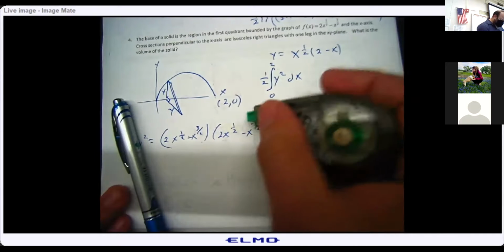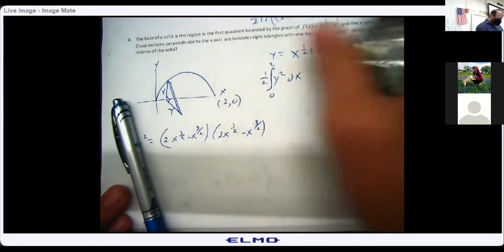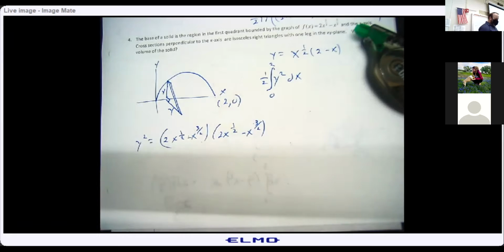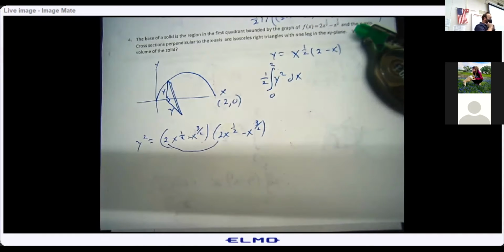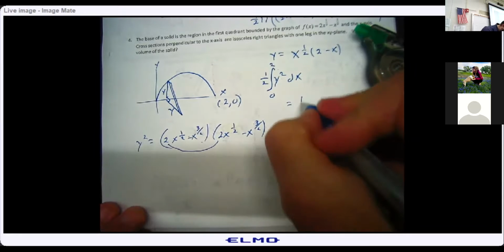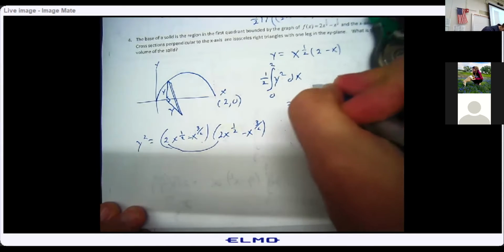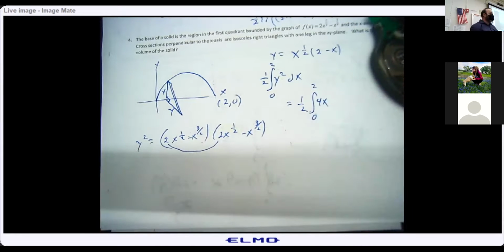Is that going to be easy to do? Eh, it's not as bad as you think. Let's start going for it. What's 2x to the half times 2x to the half? Just 4x. That's not so bad. I'm going to start writing it over here as we get it. 0 to 2. That's just plain old 4x.